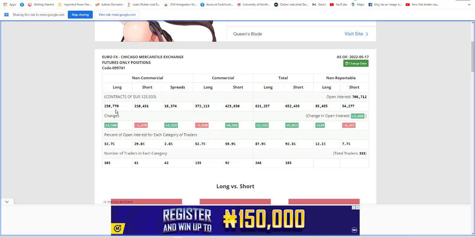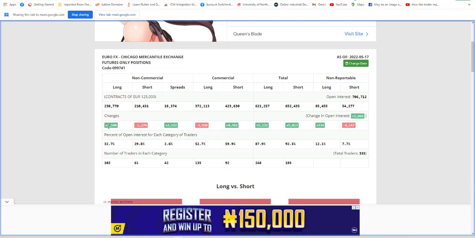Okay? Now, if you go to the changes, you see that compared to the data that was published last week, for this particular week that we are examining, 2,540 additional long positions were added, which brought it to 230,770.